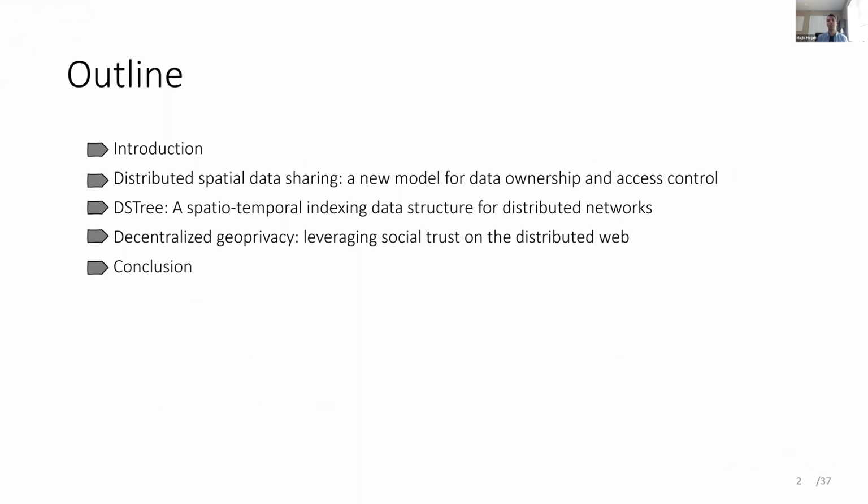Then I will discuss some of the areas where there were gaps when we wanted to share spatial data on the network, like running spatial temporal queries, or addressing concerns of geoprivacy when we want to share data on a distributed network. And at the end, I will go through a recap of what we know, and the conclusion and future work.